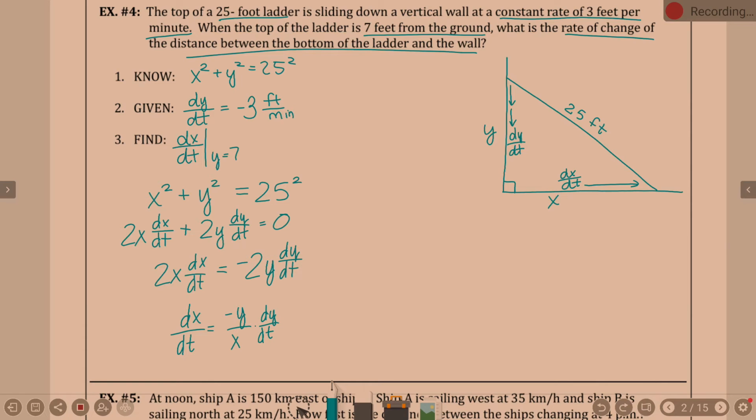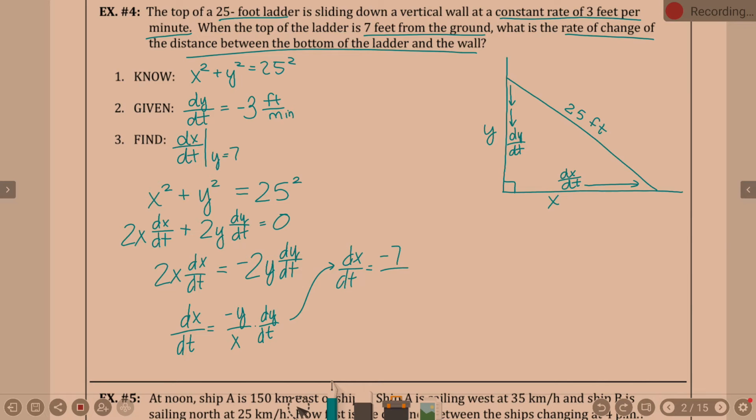You ready? Just put this up here because I'll know I need a little bit of room. So dx dt equals negative y, negative 7, over x. What's x? Well, we need a number. We're at answer time.